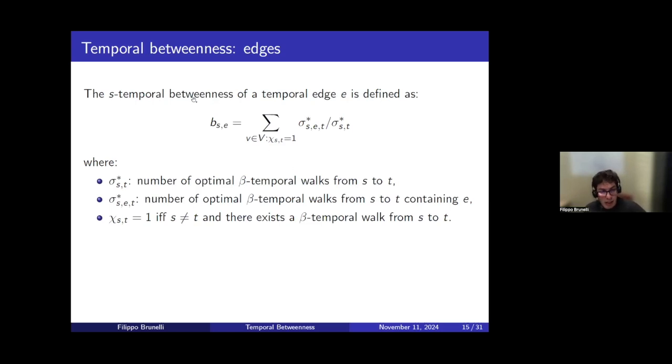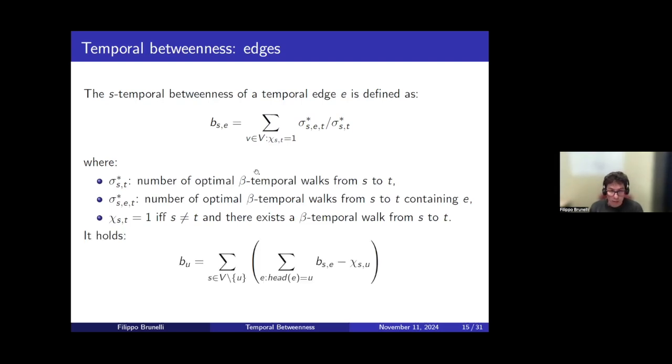So here, in particular, given a source S, we are defining the betweenness restricted to the source S of the temporal edge E. Again, in a similar way to what we do for the vertices, it's the sum of the ratios of the optimal temporal walks that contain the temporal edge E from S to T, of course.